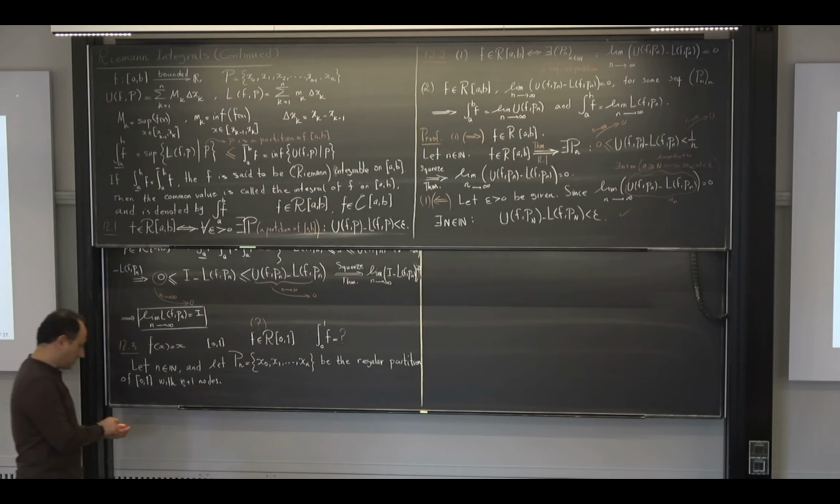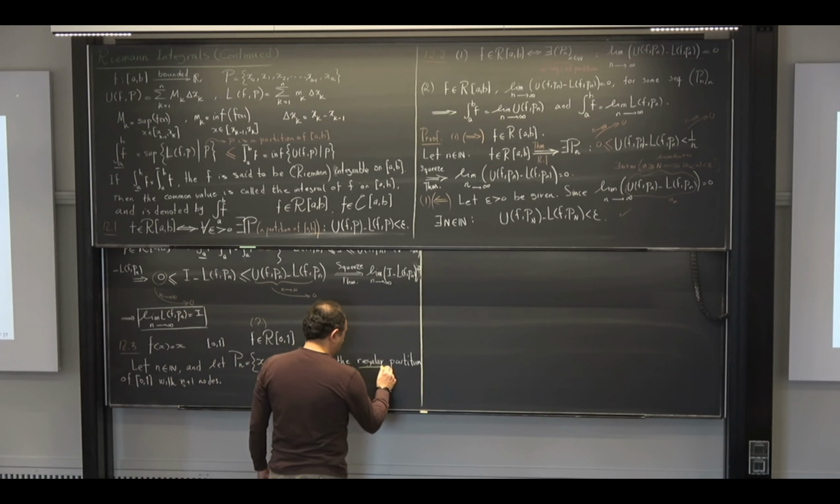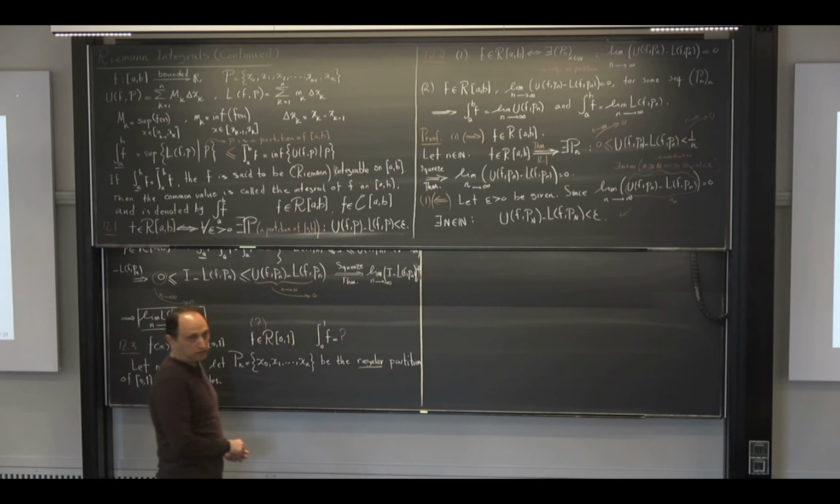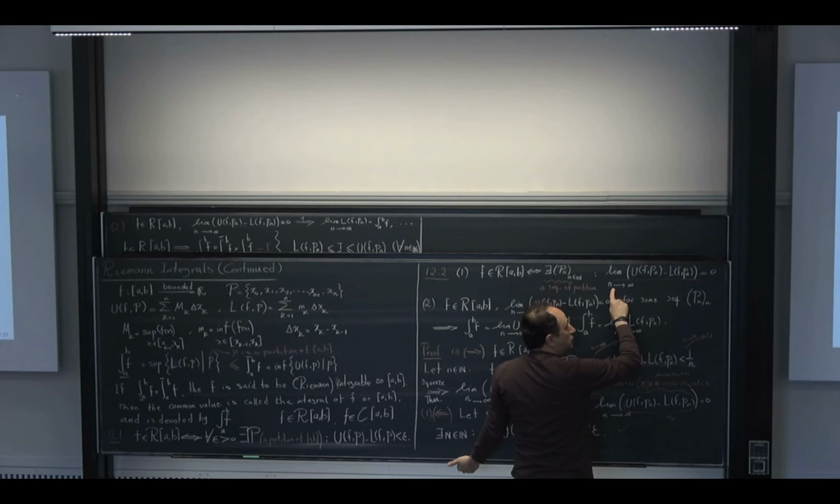Let me emphasize here that this is regular. So what I need to calculate, according to that theorem, is this difference, and then calculate the limit as n goes to infinity. If I am lucky and this turns out to be 0, everything is done. Okay?